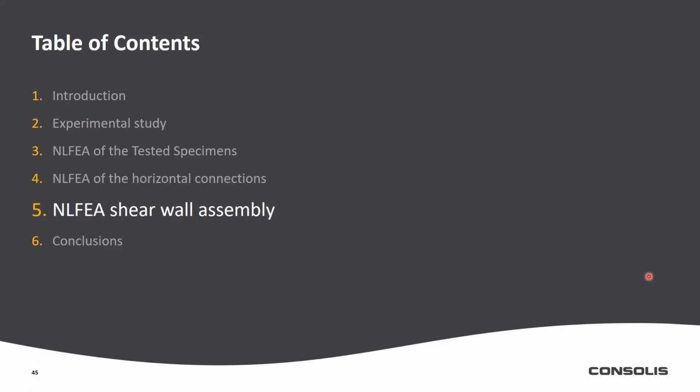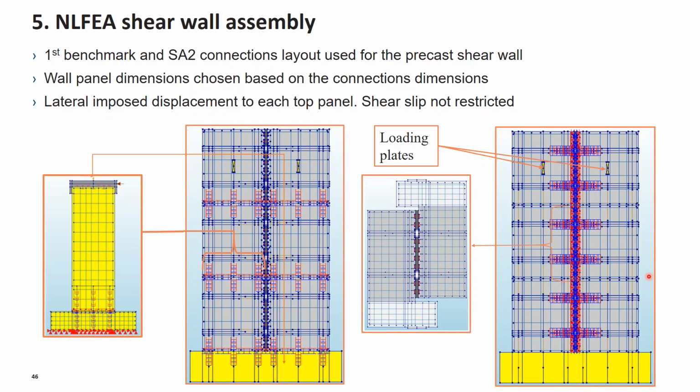And I moved into modeling a shear wall assembly. There are no test results for this kind of test, so I used the connections that were tested in the past, that were presented previously. So the geometry of the shear wall assembly is confined to the geometry of the test specimens.